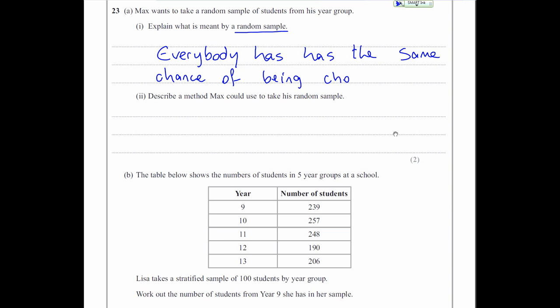And the way they're chosen is completely at random. Okay? They are selected at random.